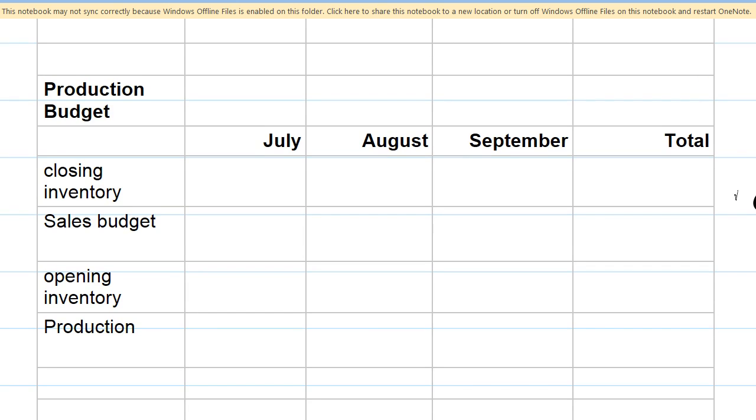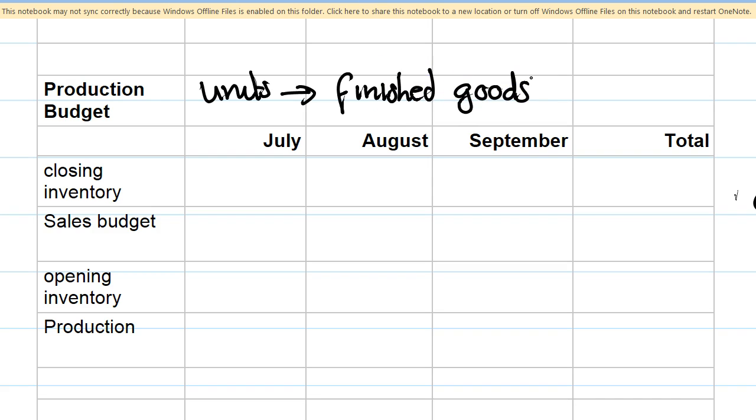Now the production budget is in units, and we're looking at finished goods. So the first thing we put into the production budget is our sales units.